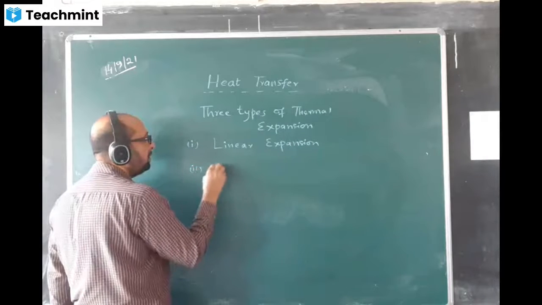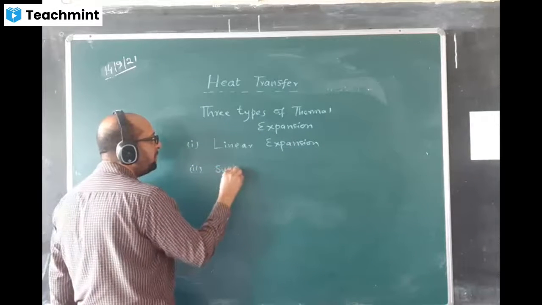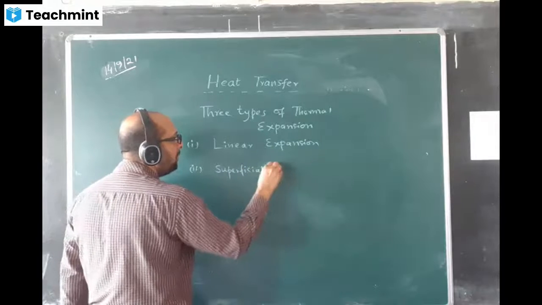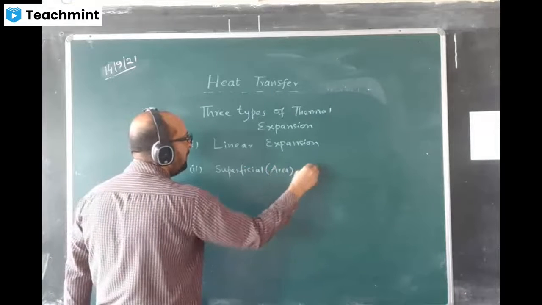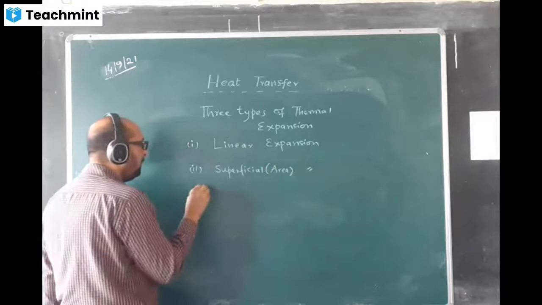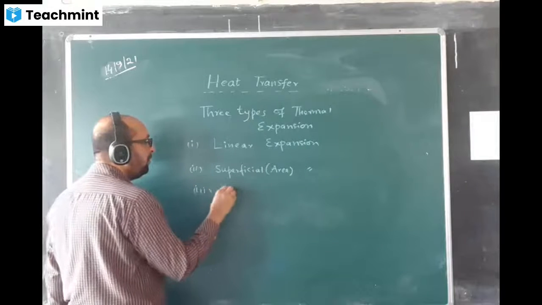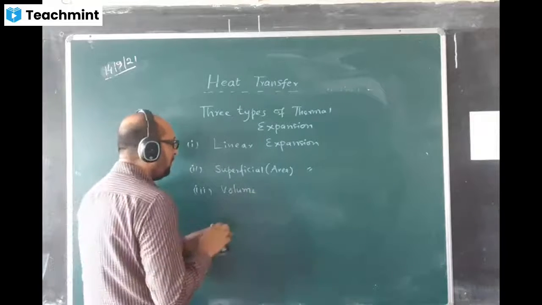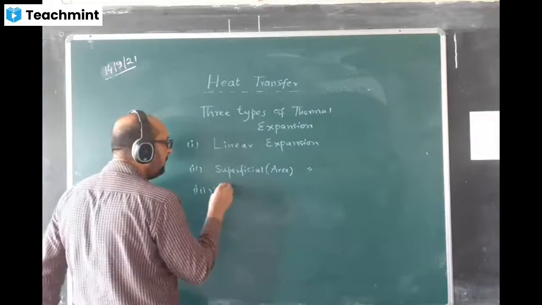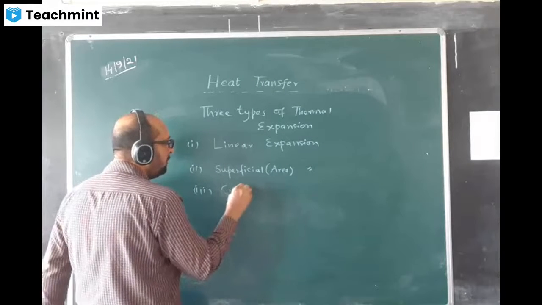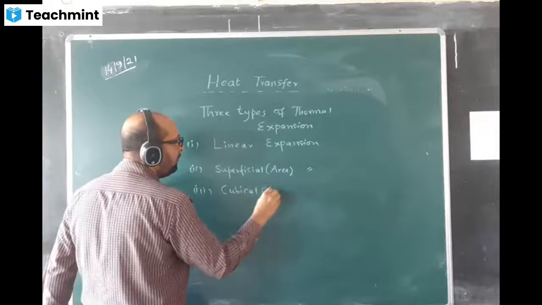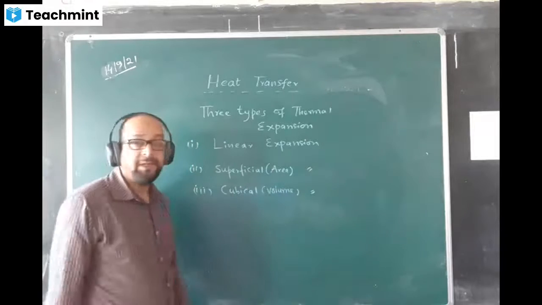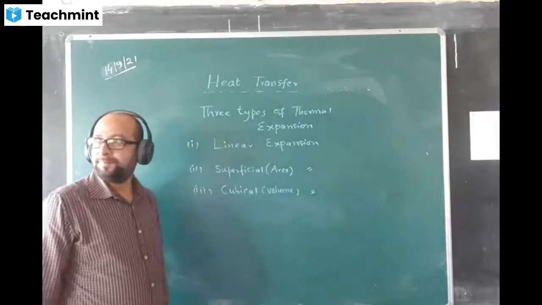Second one is superficial or area expansion. Third one is volume, or we will use the term cubical, that is volume expansion. Three types of expansion we have.